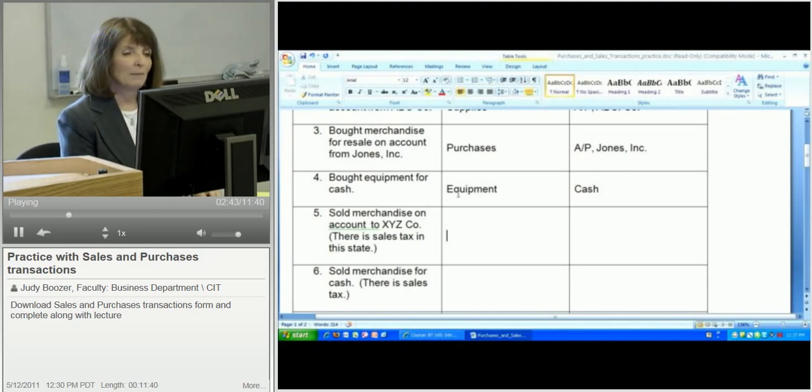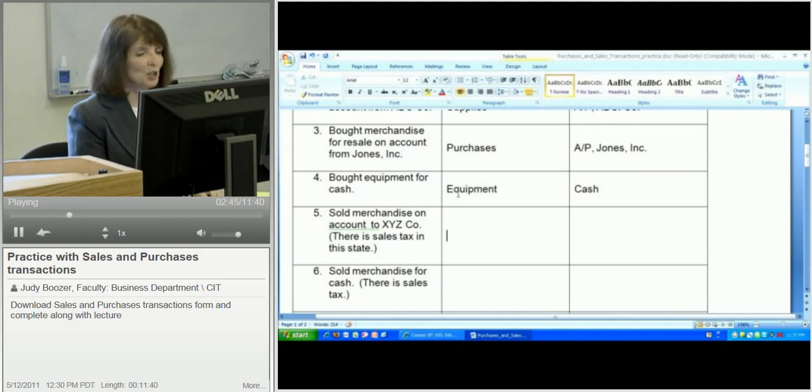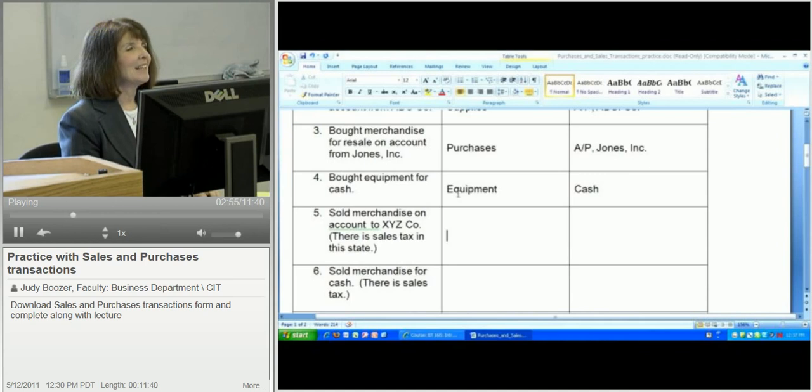Number 5, sold merchandise on account to XYZ Company. There is sales tax in this state. Okay, what's the debit first? Good. Accounts receivable and XYZ Company.